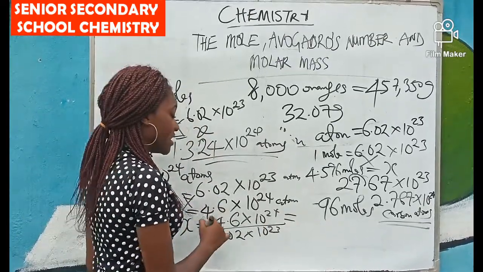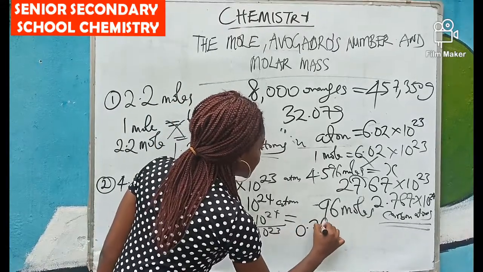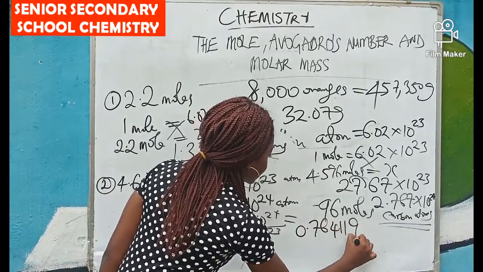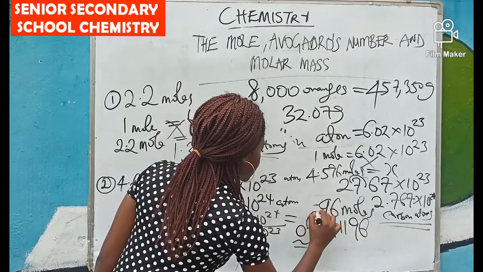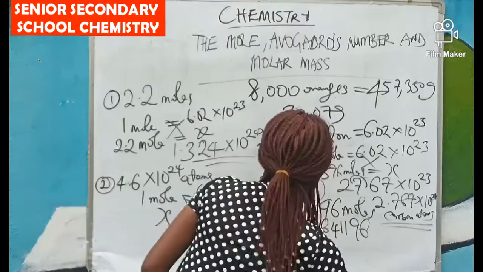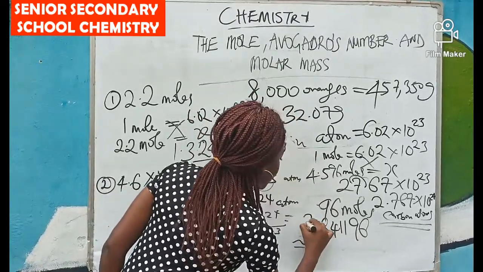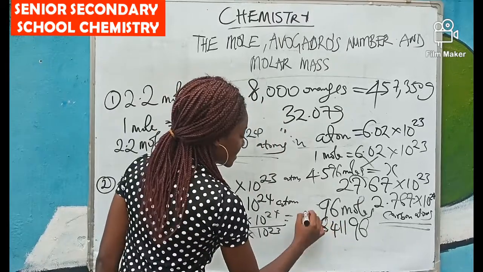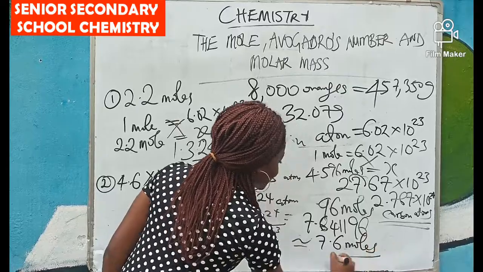If you punch this in a calculator, you should be having 7.6411196, which is approximately, when you move this, you'll be having this. So this is now approximately 7.6 moles.